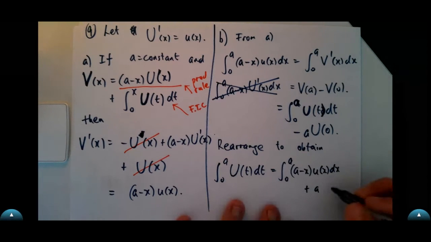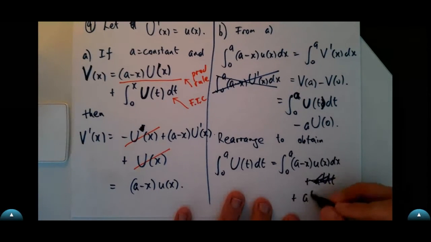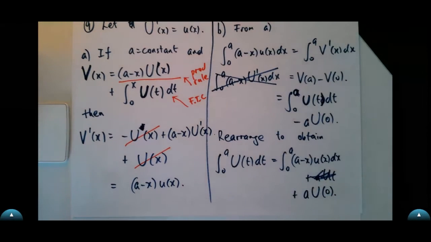Plus, oh, plus. Here we go. And I think that's what we wanted, wasn't it? Let me go back to the PDF and see.